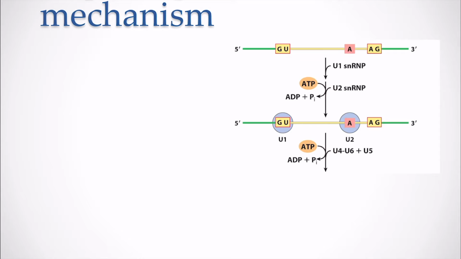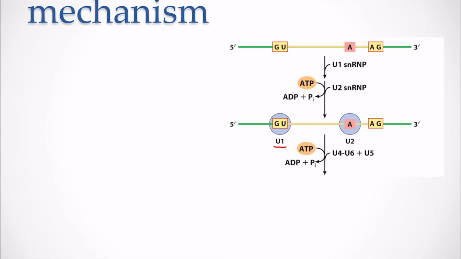Now the splicing mechanism is basically the U1, which is shown here. The U1 small nuclear RNA has a sequence that is complementary to the sequence at the 5' end of the intron.